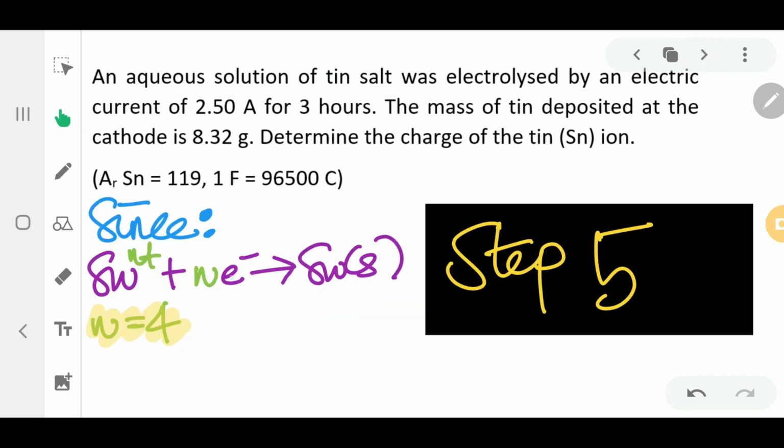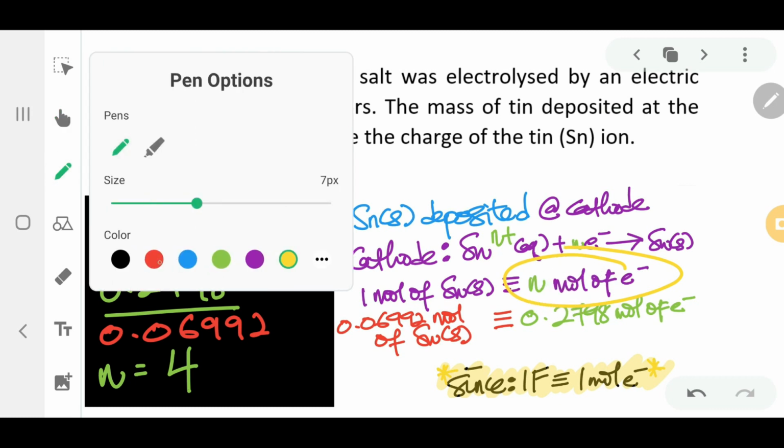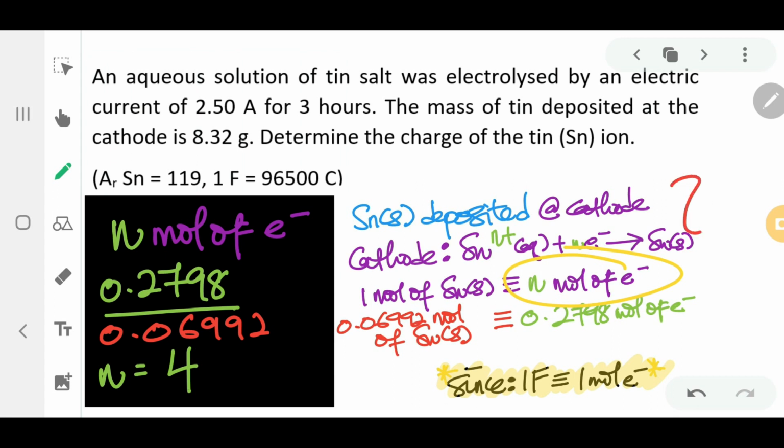So we know that just now as n plus, n mole of electron, and we have found out n equals to 4 from this calculation and from the proportionality over here. And yes, you'll get 1 mark for this one, and 1 mark over here as well.